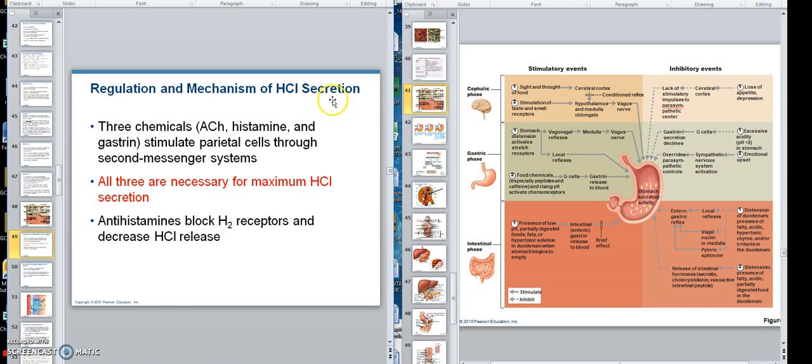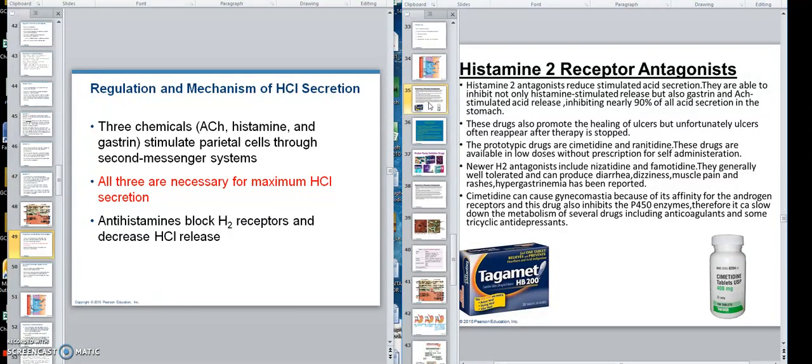Regulation of hydrochloric acid secretion. We've done it, but this is again doing it in my PowerPoint here. 3 chemicals, acetylcholine, histamine, and gastrin, stimulate this. See, I already did that. All 3 are necessary for maximum hydrochloric acid secretion. Antihistamines block H2, decrease HCl. But remember, we went back and talked about the H2 antagonists, which would be these antihistamines, but on H2.